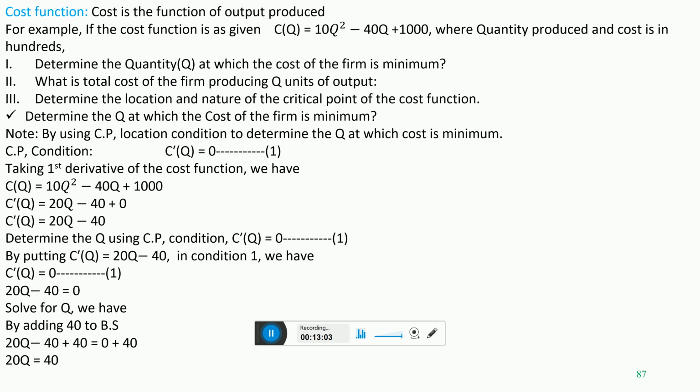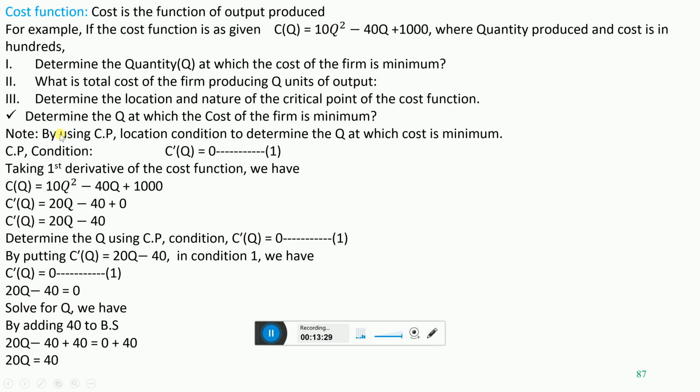Dear students, when you see a question like this, maximum revenue, minimum cost, maximum profit, you will recall the optimization methodology, maxima or minima or critical point, because we discussed that a critical point is also called the maximum or minimum value of the function.